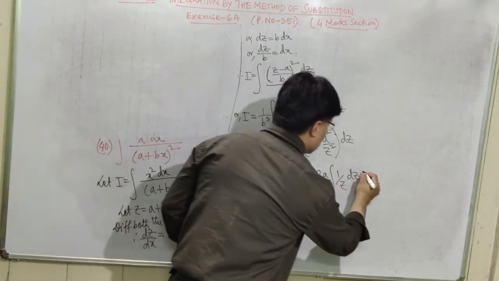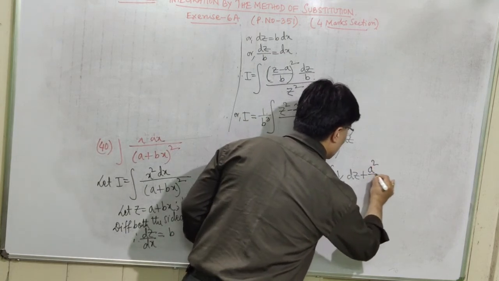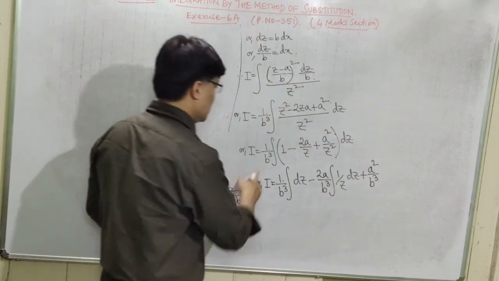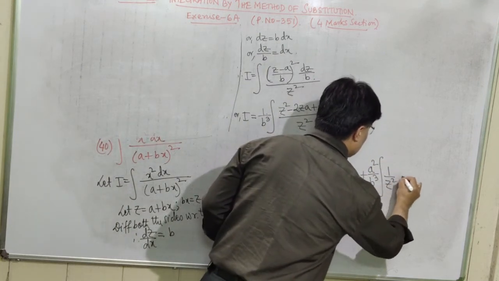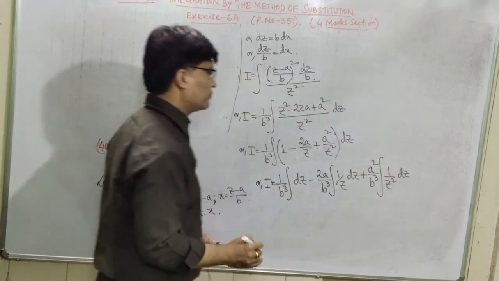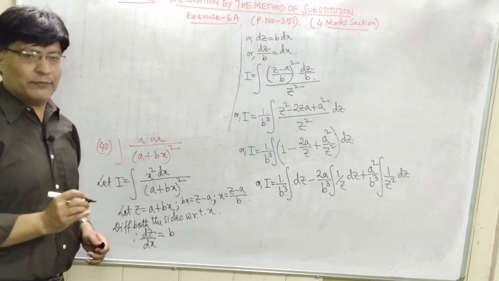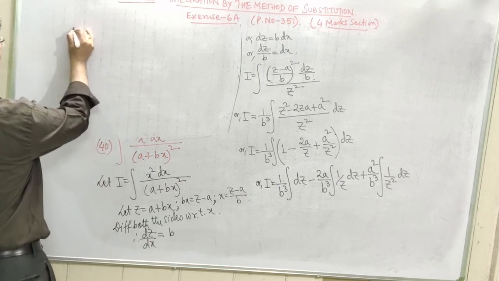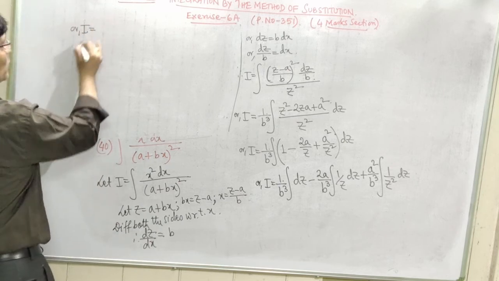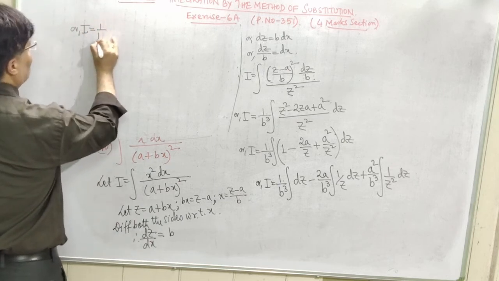Plus, this is a square by b cube, integration of 1 by z square dz. So I think you have understood it. Now let us integrate them. Or I is equal to 1 by b cube.